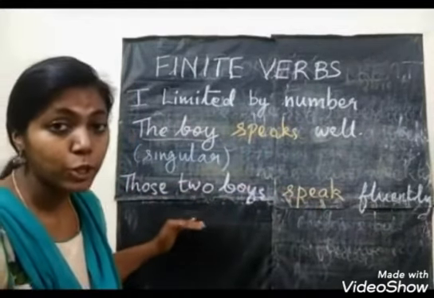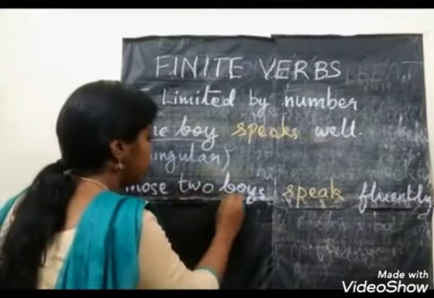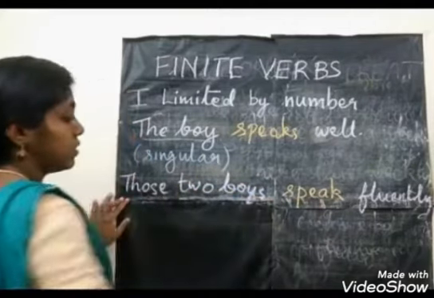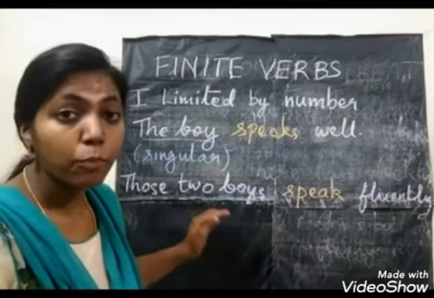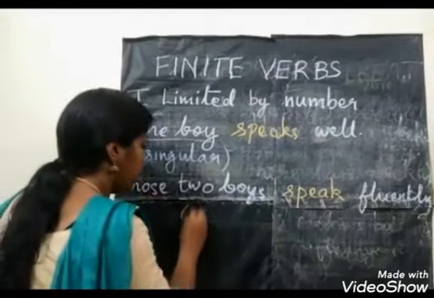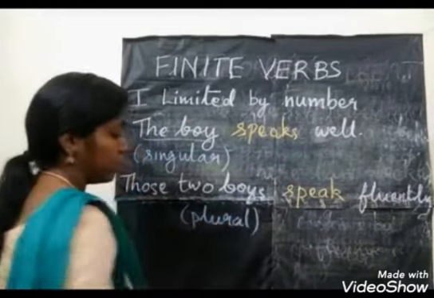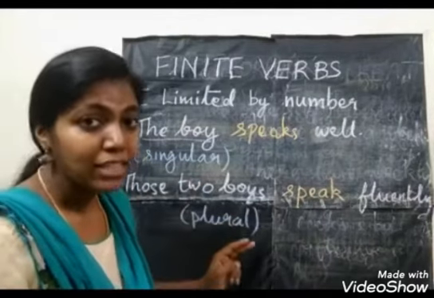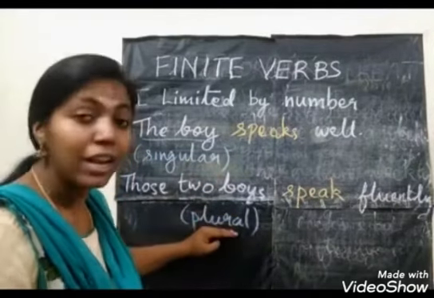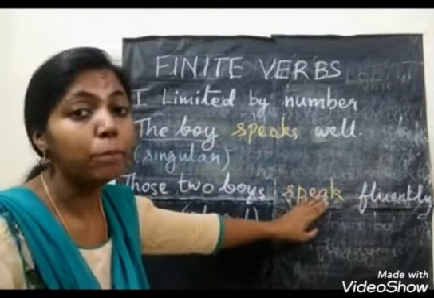Now look at the subject. Which is the subject here? Two boys. Is it singular or plural? Two boys means it's definitely plural. So as the subject is plural, the verb should also be plural.